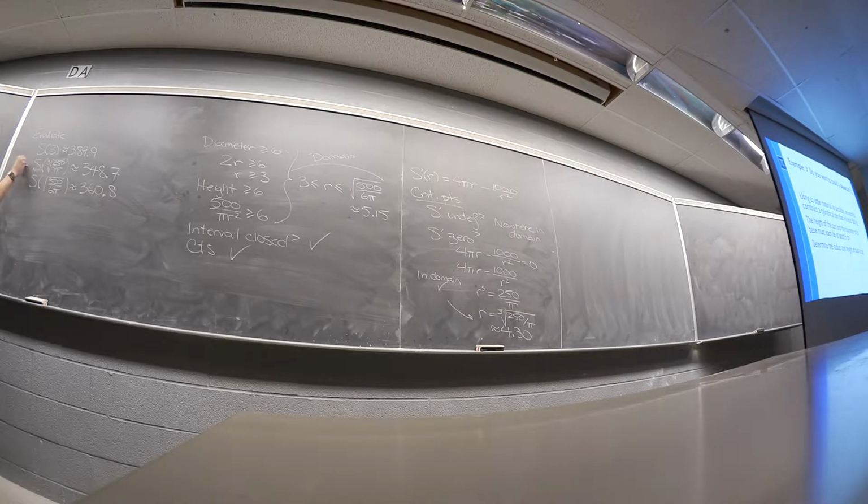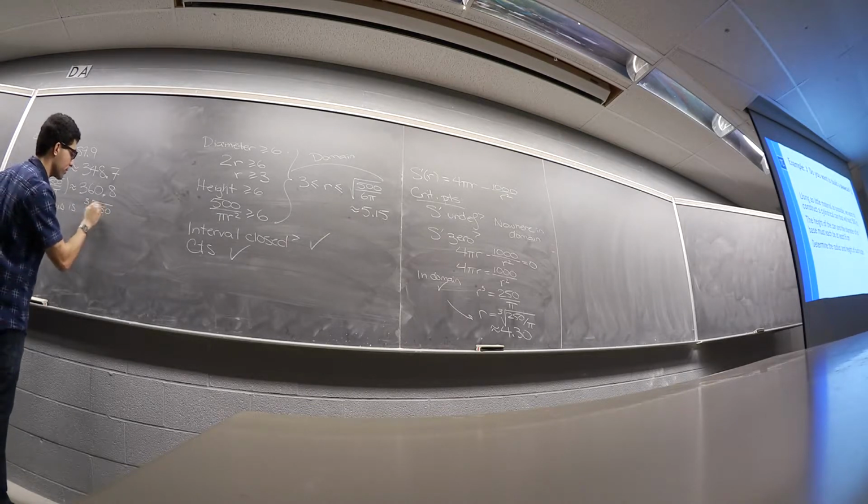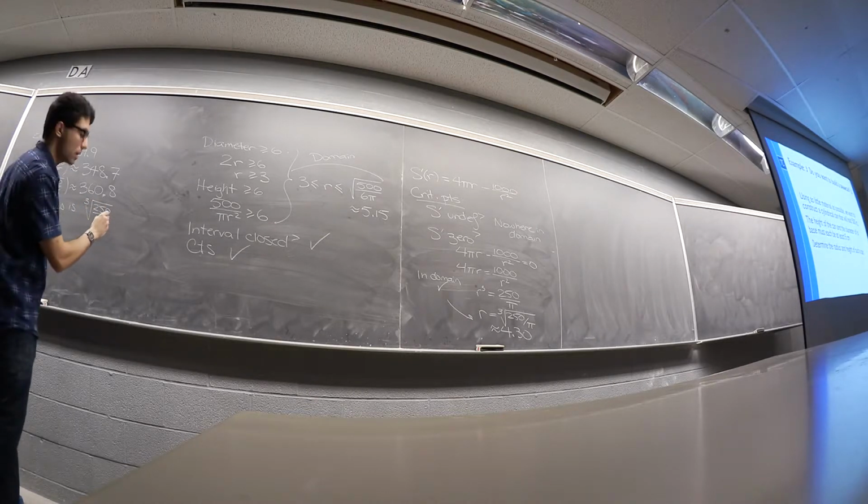So, here's our guide. Our optimal radius is, whatever that was, cube root of 250 over pi, which is approximately 4.3.